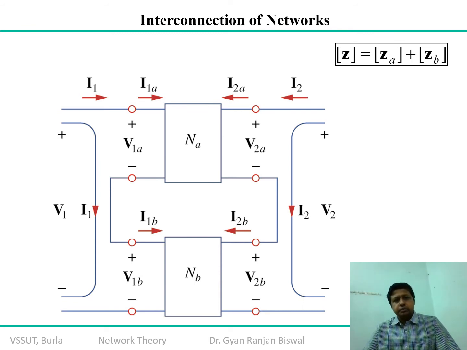If you see the input side, the two networks are connected in series. The amount of current flowing is the same, whereas as far as v1 is concerned, it is additive over here: v1a plus v1b is equal to v1. Similarly there is a series interconnection for v2.